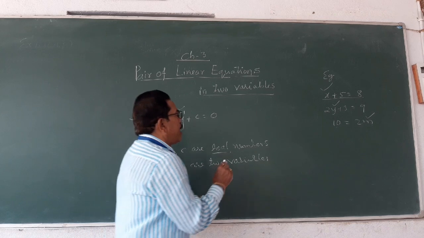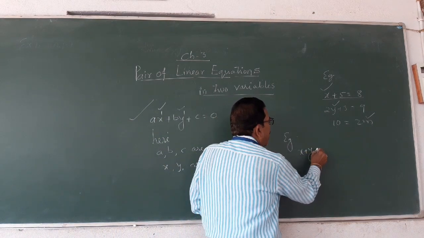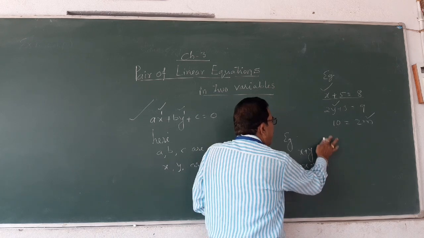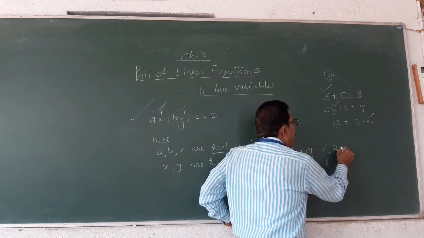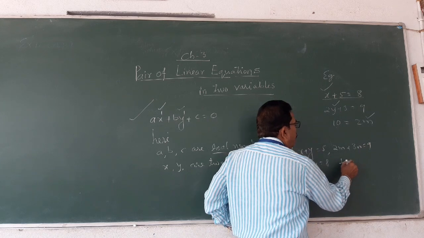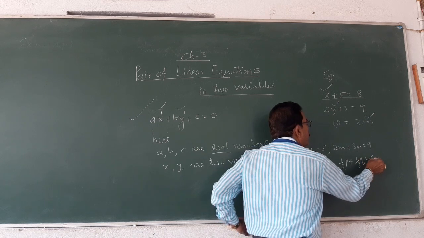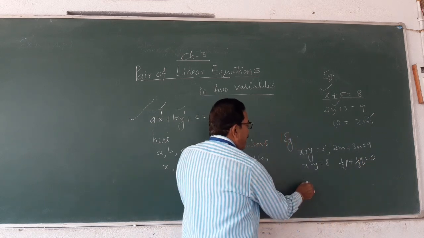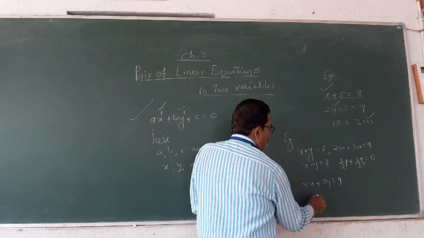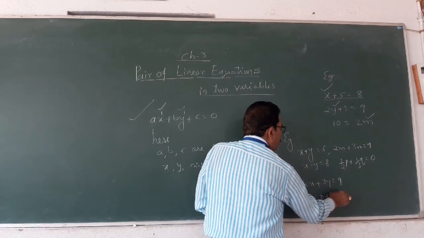For example, x plus y equals to 5, x minus y equals to 8, 2m plus 3n equals to 9, or 1 by 2p plus 1 by 3q equals to 0, 2x plus 3y equals to 9, or 5p plus 6q equals to 10.